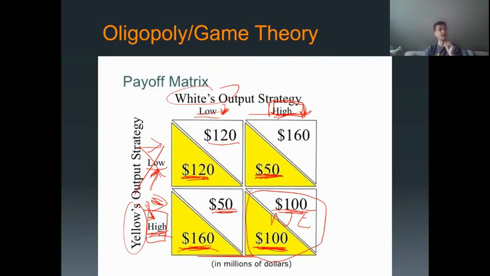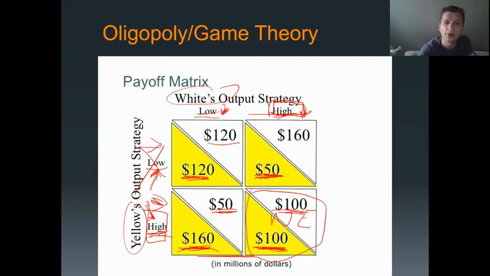The last thing they might ask you to do with this is to change the payoff matrix. And that's much easier than it probably sounds. All you have to do is add or subtract whatever they ask you to do for whatever payoffs they tell you. So if for some reason the low price was meant to be incentivized here, so the government says they will give $20 to anybody who sets a low price, all you have to do is add $20 to each of the low price payoffs.